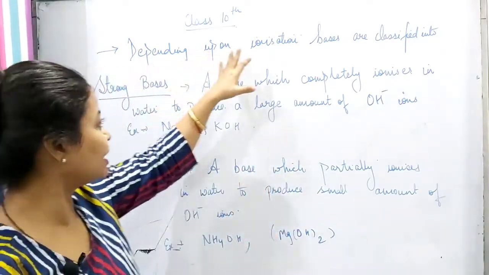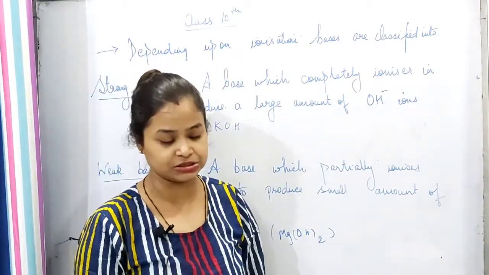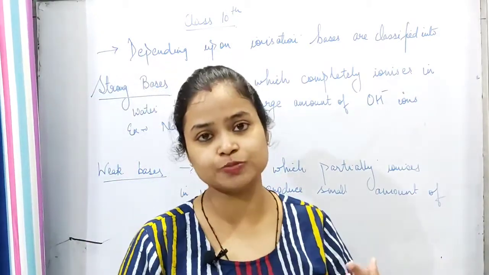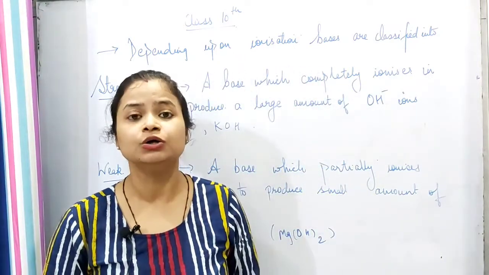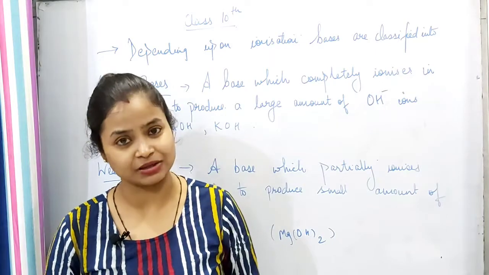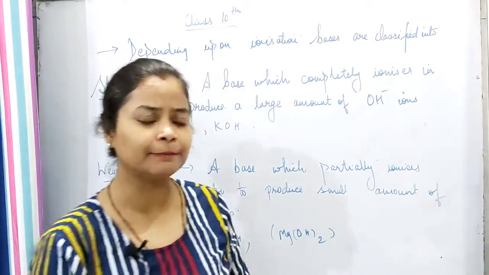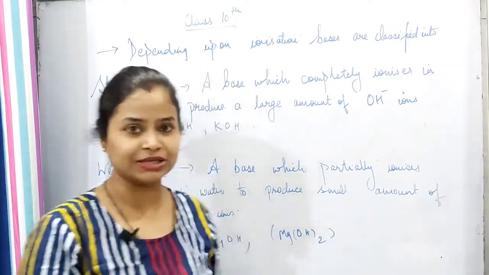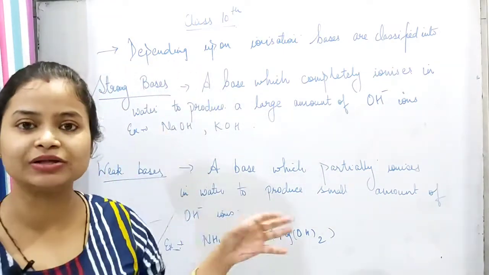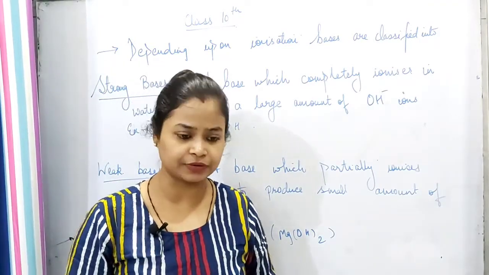So depending upon ionization, bases are classified into strong bases and weak bases. Strong bases are those bases which have the tendency to completely ionize to produce OH minus ions. Examples of strong bases are NaOH, sodium hydroxide, KOH, potassium hydroxide, etc.